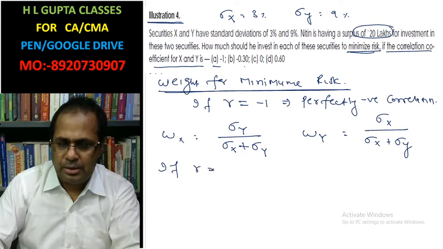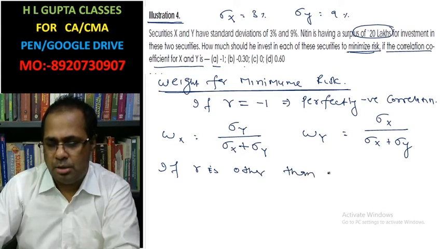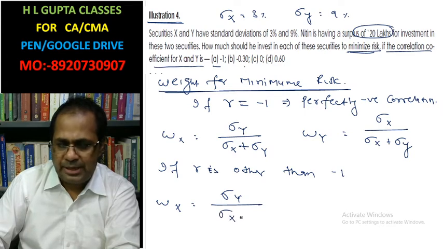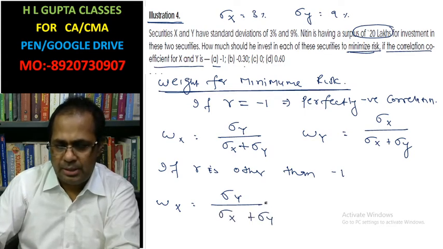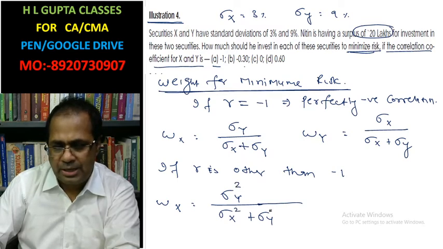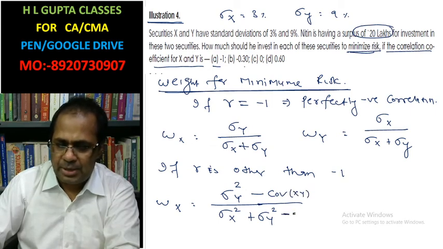If r is other than -1, in this case weight X equals the standard deviation of Y squared minus covariance XY, divided by the standard deviation of X squared plus the standard deviation of Y squared minus 2 covariance XY.